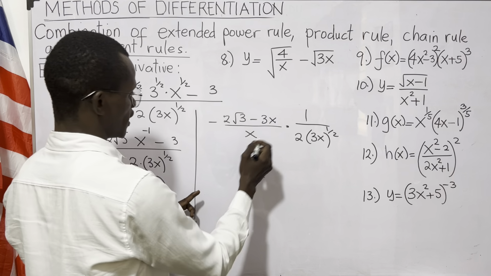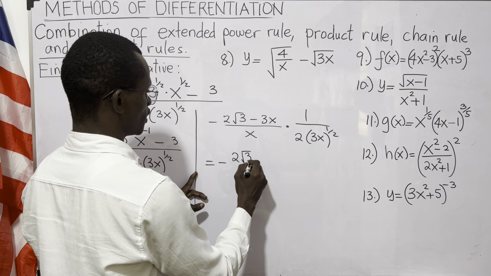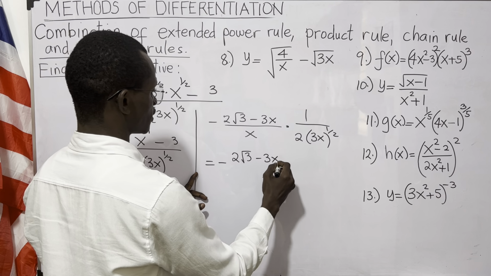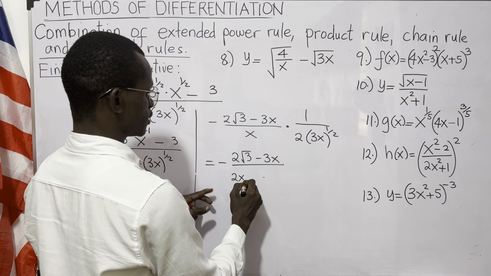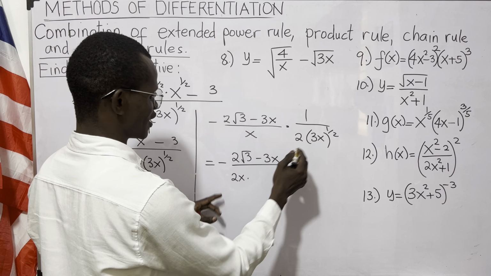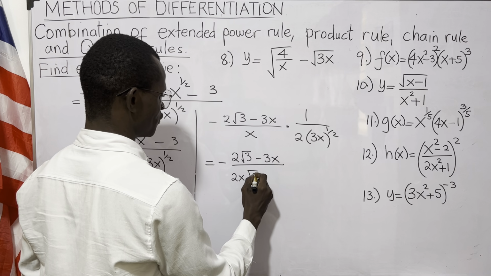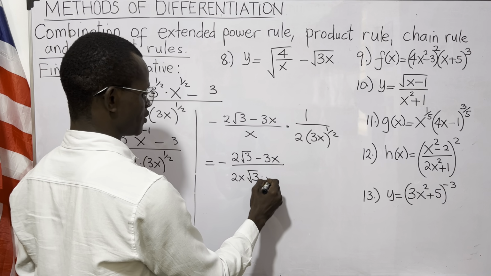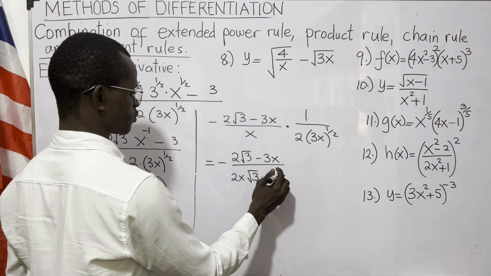So finally, what can we get? We have negative 2 the root of 3 minus 3x all over 2x times. We can also expand this one. So this can be the root of 3 times x raised to the power 1 over 2.